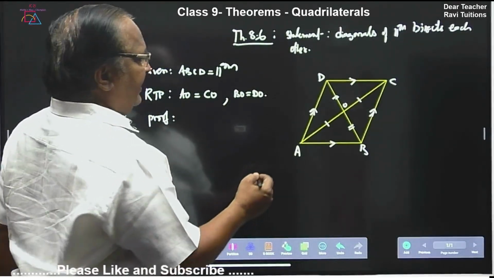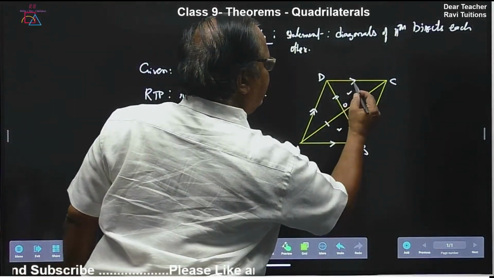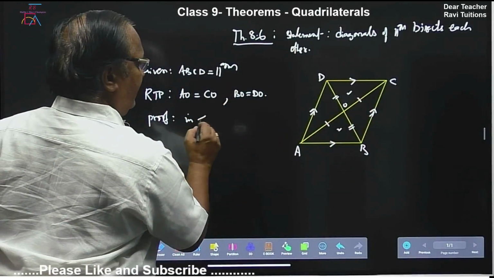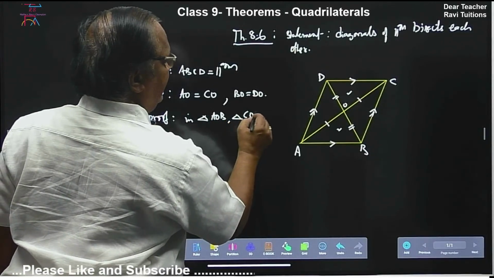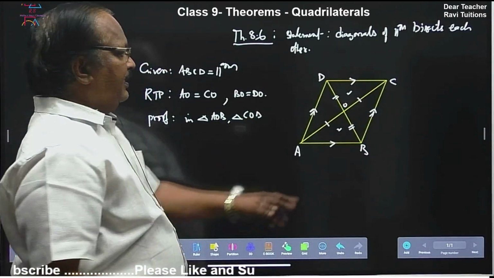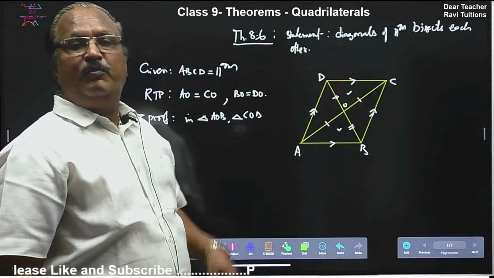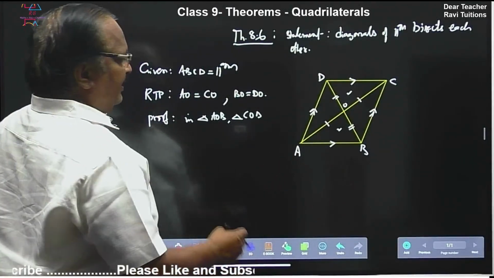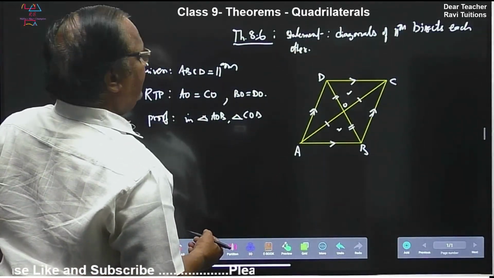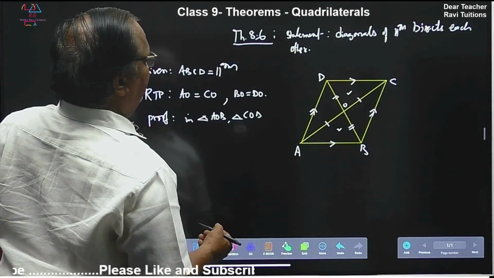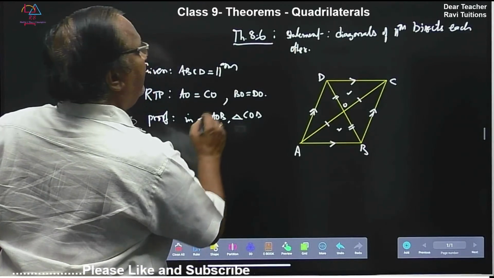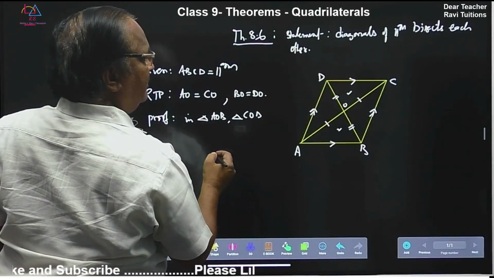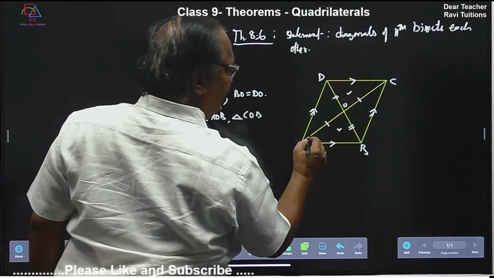Now for the proof, take any two opposite triangles, triangle AOB and triangle COD. Prove that they are congruent. How are they congruent? Because it is a parallelogram, alternate interior angles are equal.